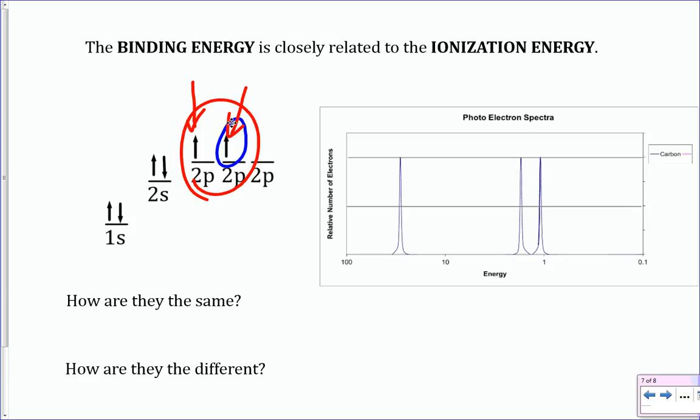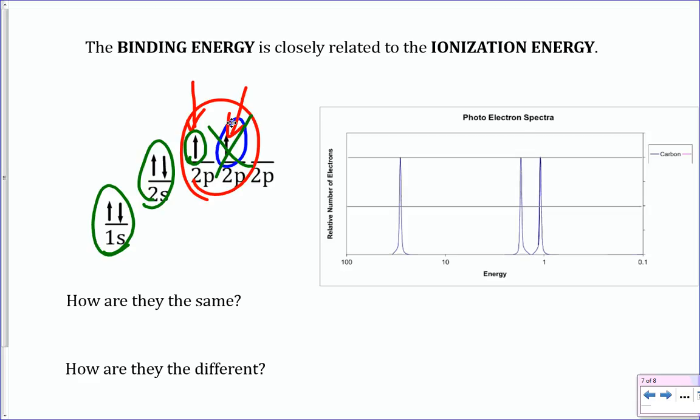But you need to understand the binding energies of these electrons and those electrons have nothing to do with the second, third, and fourth ionization energies of carbon. It's an apples to oranges comparison, because when you've looked at the first ionization, now that electron is gone. And the second ionization would be how much energy it takes to remove this one. That's a completely different event than what's happening in our PES situation.